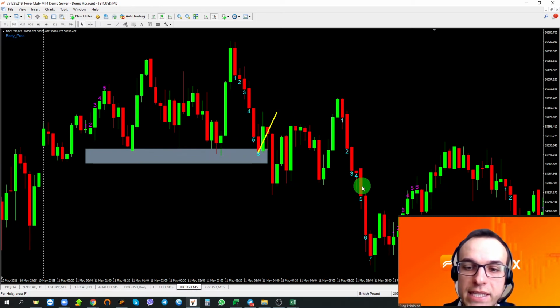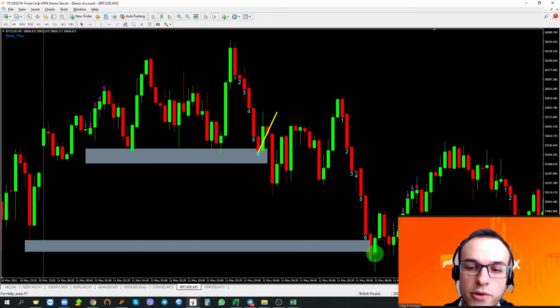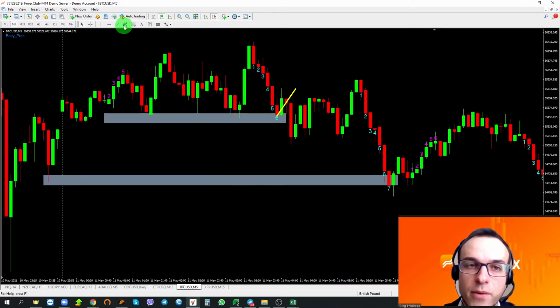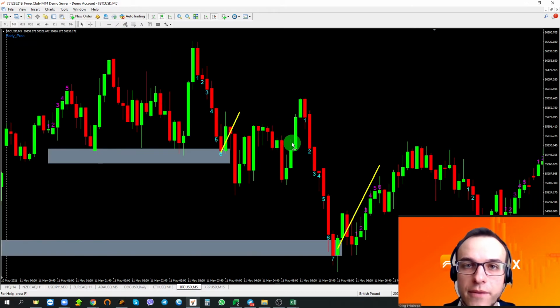The next case is when we have, let's say, 5 or 7 candles in a row. We should also look for a support line here, and when we find it, we can enter and make money from this movement.